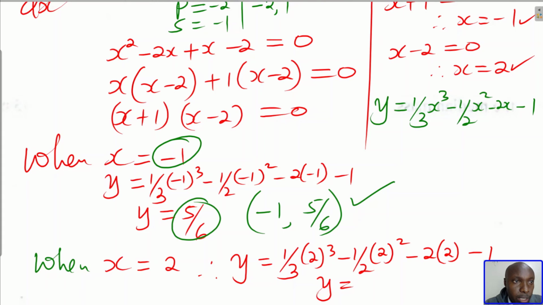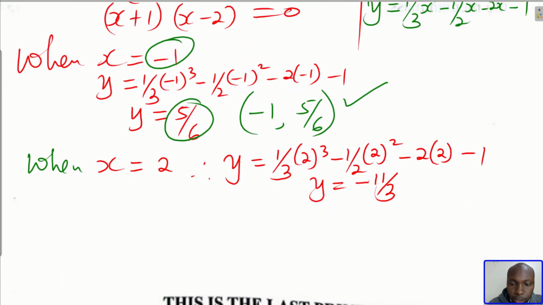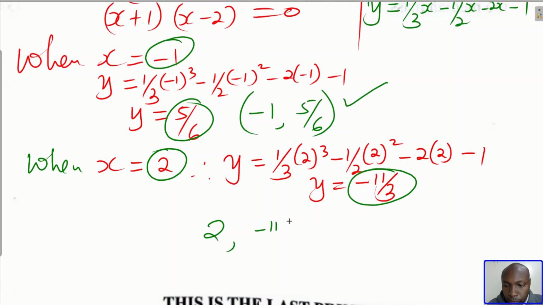This will give negative 11 over 3. Negative 11 over 3. So that is what you get. So therefore the second turning point, when x is equal to 2, y is equal to that. So the second turning point is 2 and negative 11 over 3. So those are the two turning points, and that is simply how you're supposed to solve that question.